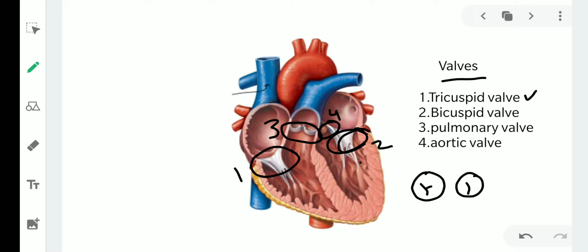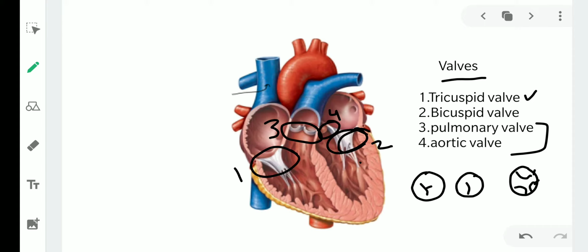The third and the fourth, the third being the pulmonary valve and the fourth the aortic valve, both are semilunar valves, somewhat like this. So what is their function? They don't let the blood flow in the wrong direction. The blood can only flow in one direction.